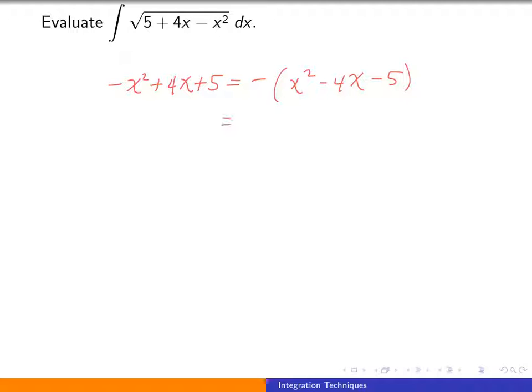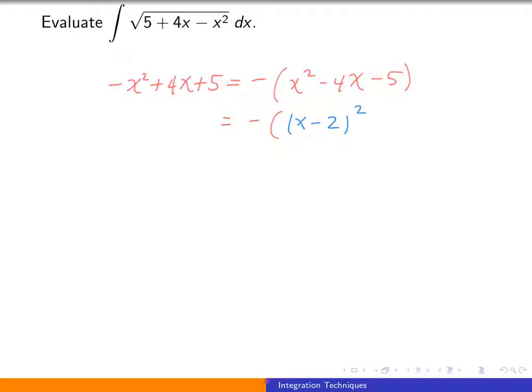And if we look at those first two terms, the x squared minus 4x, what we would ideally have here is x minus some number squared. Well, the number that we would need to have squared to give us this middle coefficient of 4 is 2. So this would be x minus 2 squared.